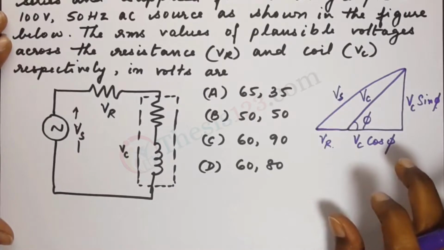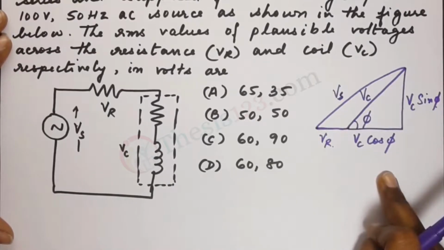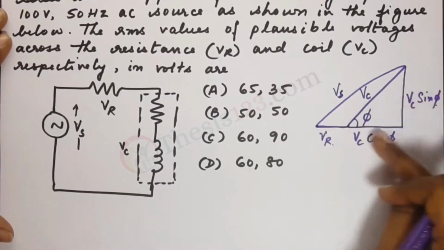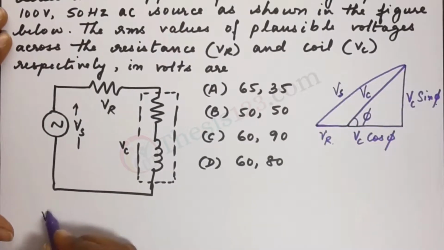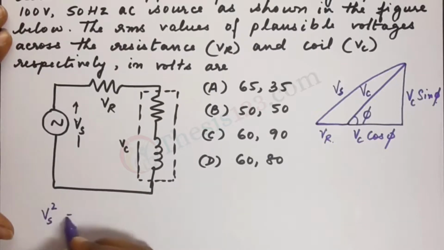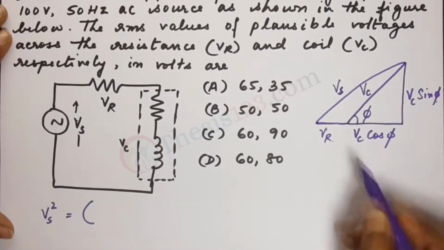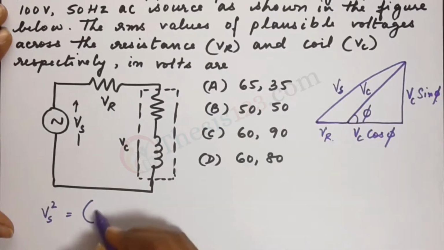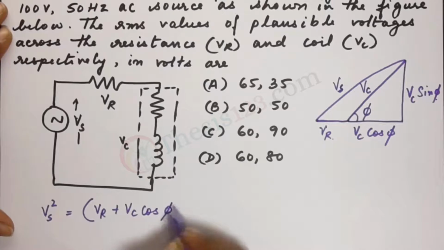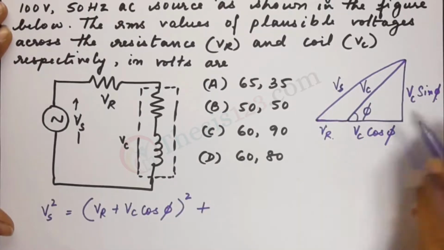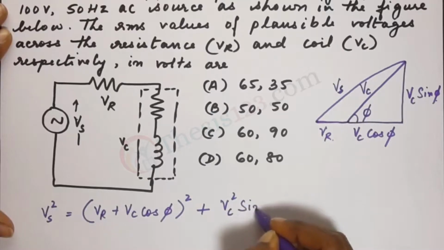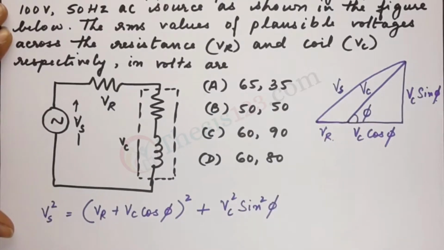Now based on this we can write down an equation. So let's take the entire triangle. We use Pythagoras theorem. Vs square is equal to the sum of these two. So we have VR plus VC cos phi whole square plus this component here, VC square sin square phi.